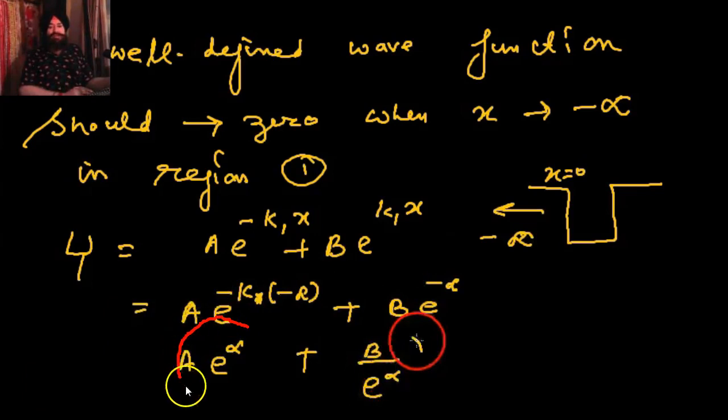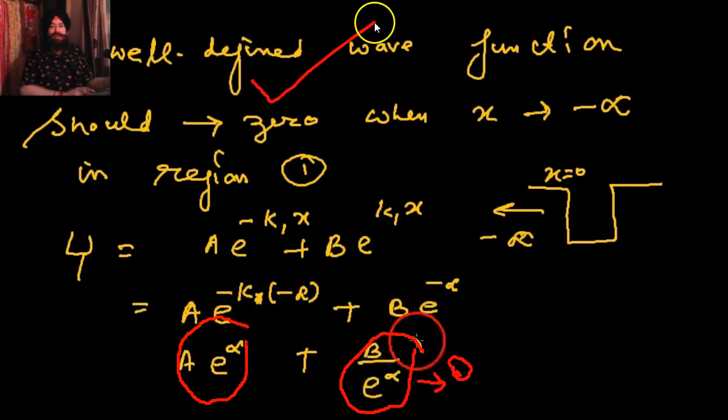One factor tends to infinity, but the other factor tends to 0, because e raised to power infinity is infinity. As it approaches 0, this is good, and it is according to the well-defined wave function. And as the other factor tends to infinity, we are not taking it into account. So A is 0.